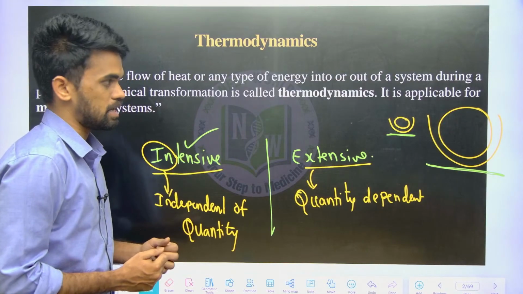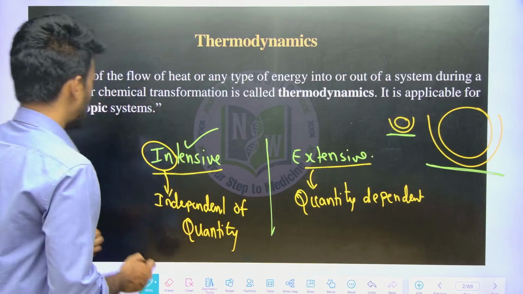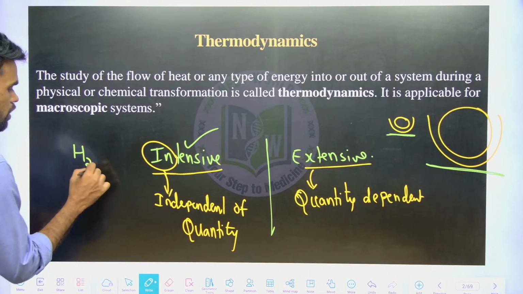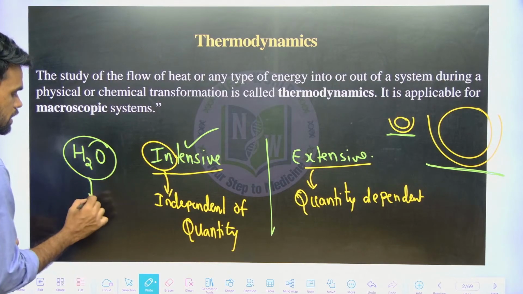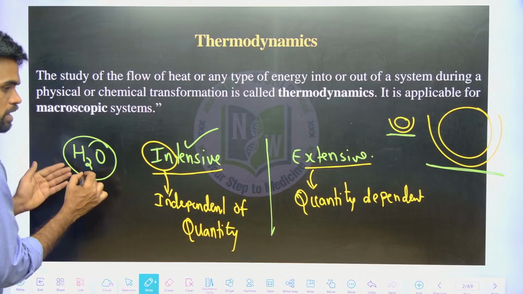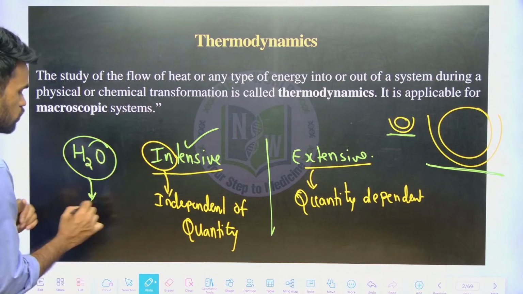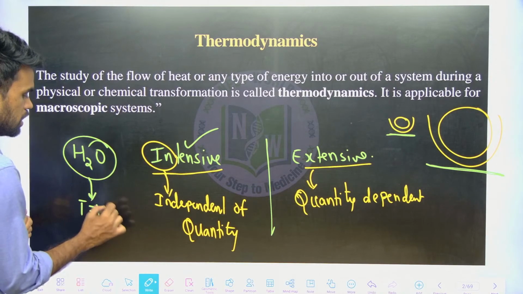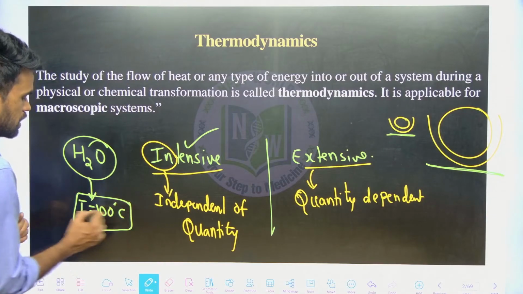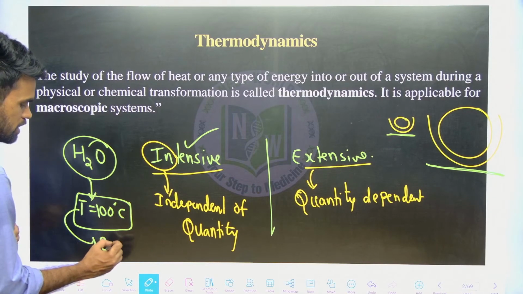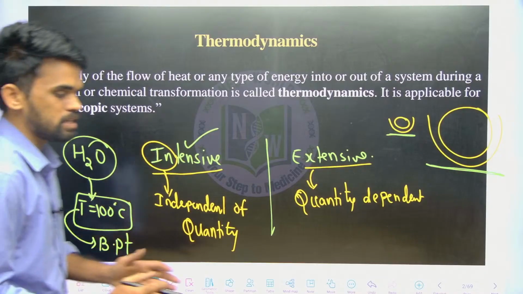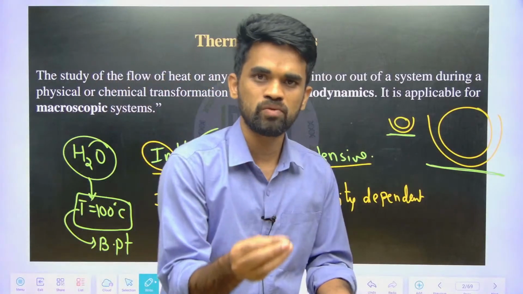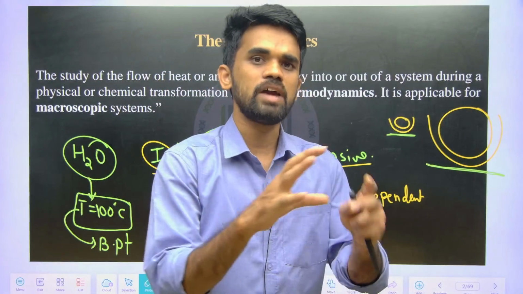Now let us understand here. For example, water: we heat it to 100 degrees and the water vaporizes, that is, the boiling point of water is 100 degrees Celsius. The boiling point of water is the same whether you take 10 drops of water, 10 ml of water or 1 liter of water.